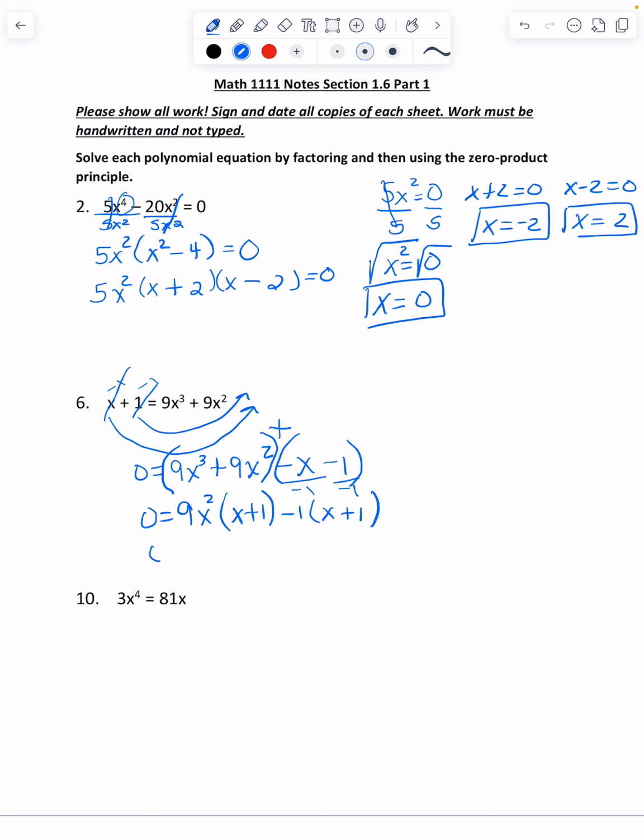And I know that this is correct because when I am working with the grouping problem and I'm trying to factor, I want what's left inside those binomials to be the same. So what I'm actually going to do is refactor out that GCF. I'm dividing both of these terms by x plus 1, and that's going to leave me with 9x squared minus 1.